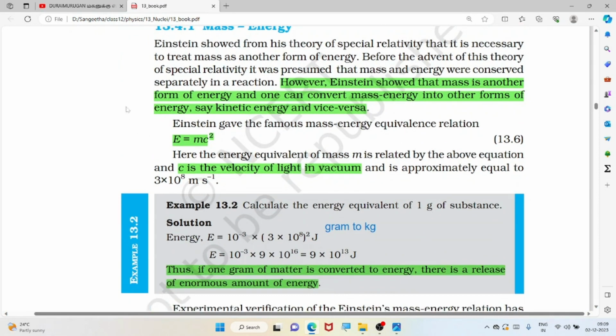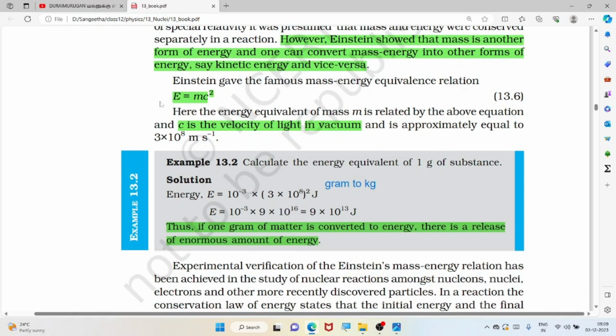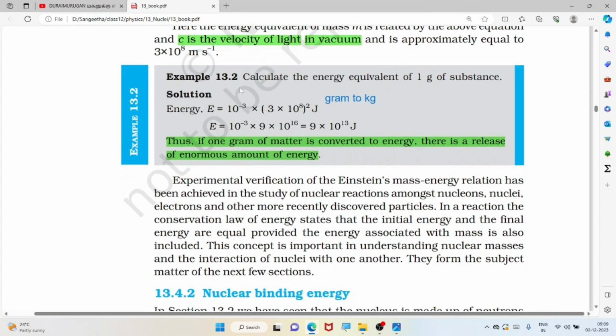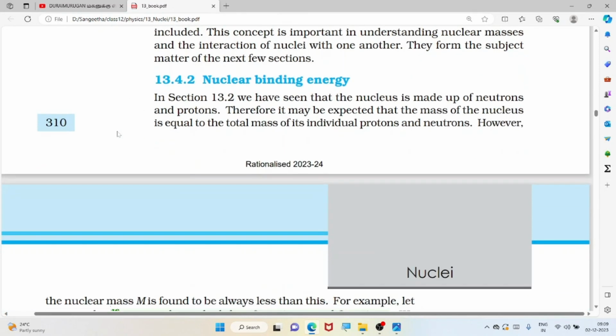This is Einstein's mass and energy relation, how mass is converted to energy. In 1 gram of substance, how much energy is there? An enormous amount of energy.